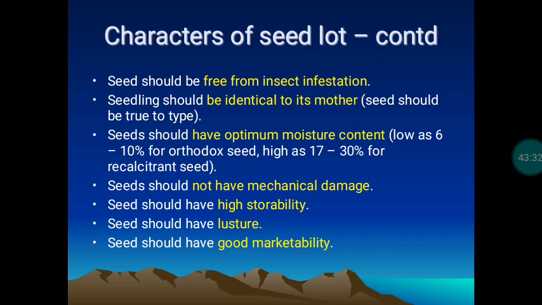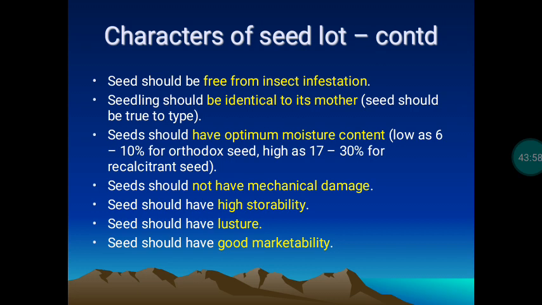If any non-Bt material is mixed in your seed lot, say for example 2 plants, those 2 plants don't have that insect resistance character. At that time the pest will invade. Once the pest enters and the population builds up, the remaining resistant plants also become susceptible. So this kind of problem will occur.